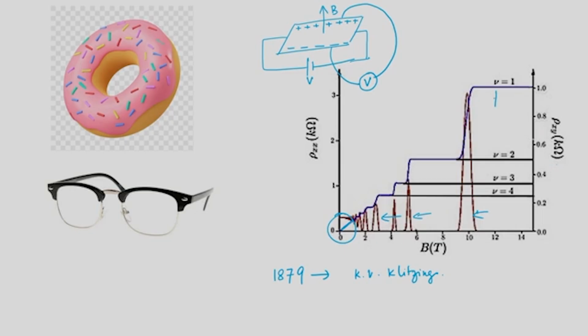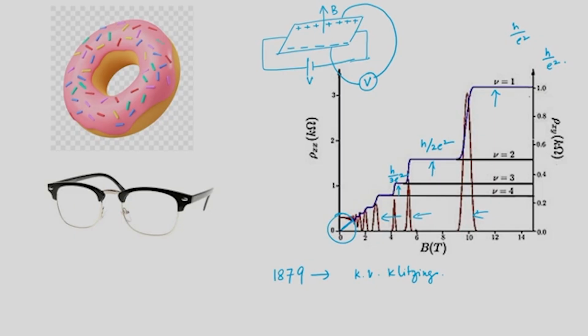which are shown by these plateau structures, he noticed that the Hall resistivity is quantized in units of H over E square. Okay, so this was H over E square, this was H over 2E square, this was H over 3E square, and so on and so forth, and H over 4E square and so on.